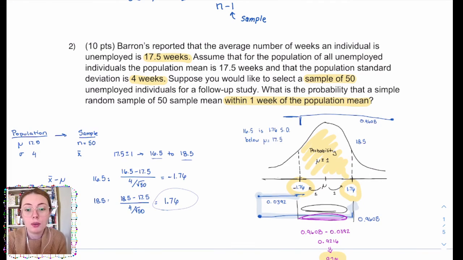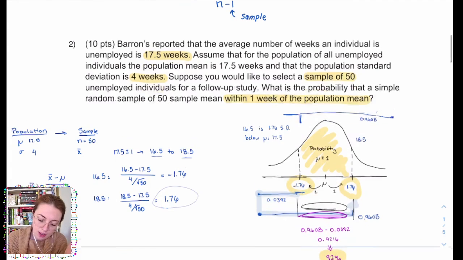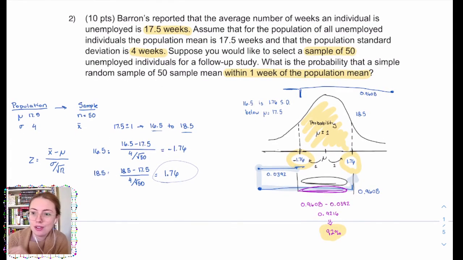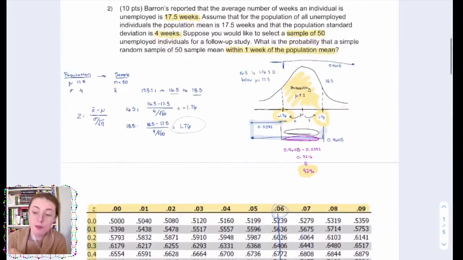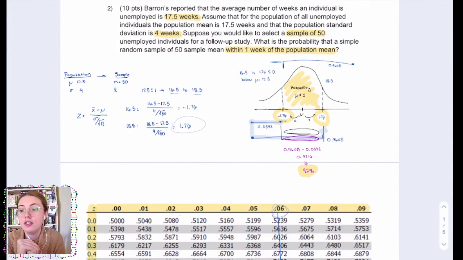So using this, we were able to do some statistical analysis, do some z-scores, do some probability under the curve to figure out what percent of our sample is expected to be in a particular range.